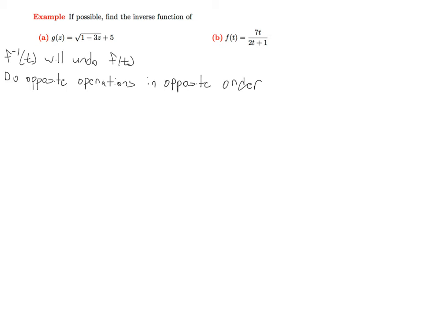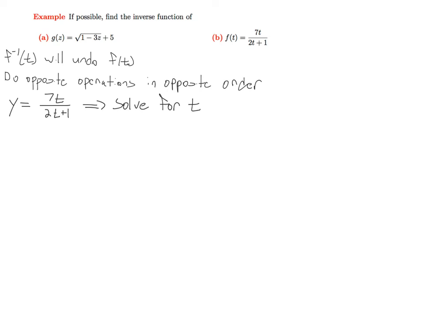So keep in mind that if we write this function as y is equal to 7t over 2t plus 1, and we solve for the input, we solve for t, that's the equivalent of doing the opposite operations in the opposite order. That's the equivalent of figuring out how do we undo the function f. So let's do that in this case.